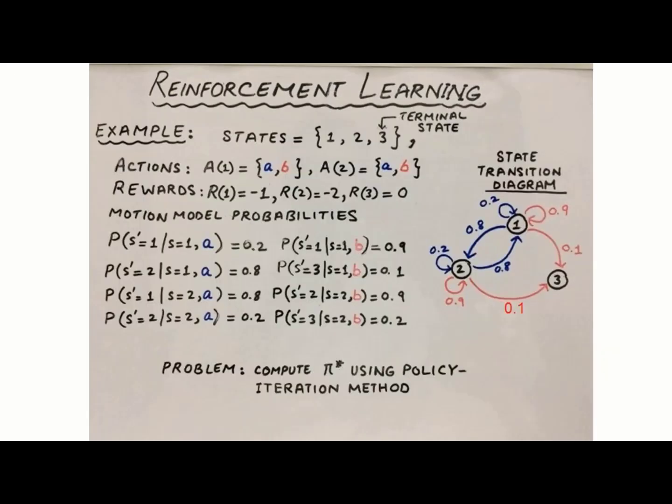Let us solve the same three-state problem, but this time using the policy iteration method. So we are interested in finding the optimum policy using the policy iteration method. The robot motion model probabilities are the same, and the reward for each state is the same as before. So let's do a simple example using policy iteration.